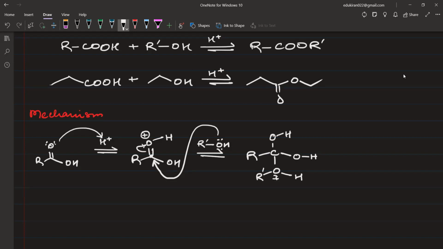Now this oxygen is oxygen with a positive charge because it has 3 bonds. And now this oxygen with its lone pair electron, it will attack on this hydrogen atom, that is known as proton transfer, because this hydrogen will be very delta positive as it is attached with oxygen atom with a positive charge. Now, as soon as this happens, you will get R bonded to carbon, which is already bonded to OH.